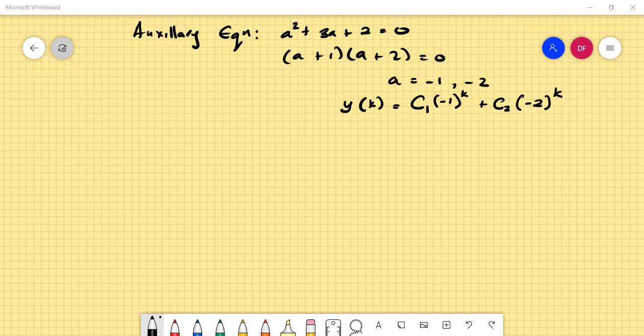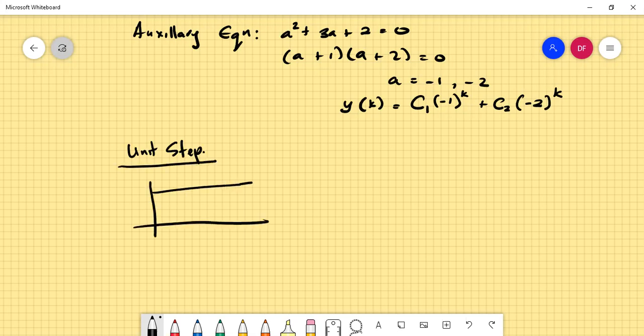We had talked about finding the Z transform for some functions. So we found the Z transform for the unit step, and we had gone about doing that.